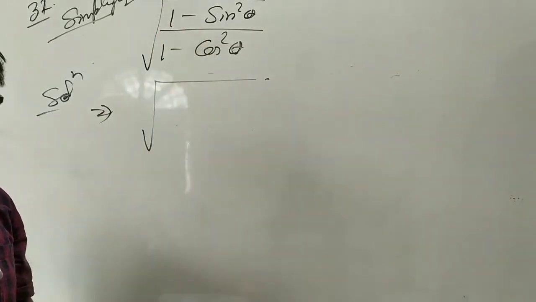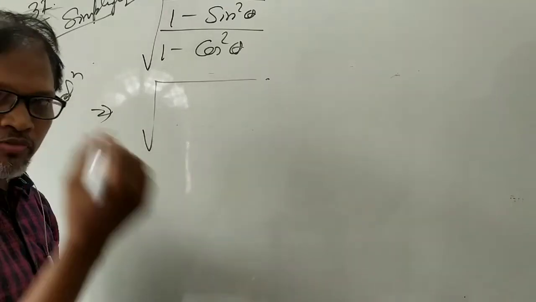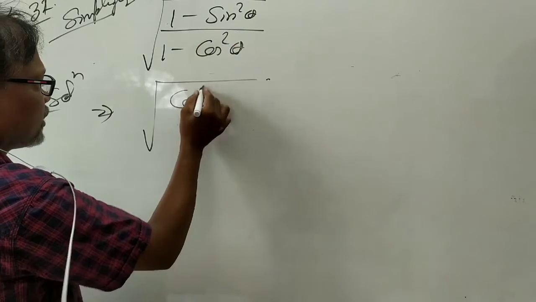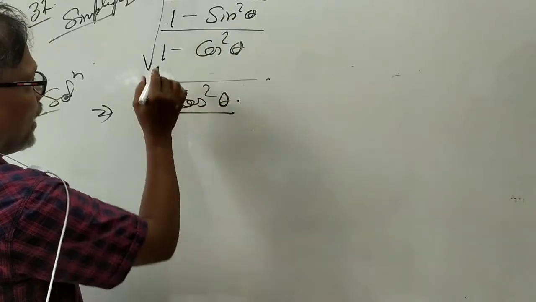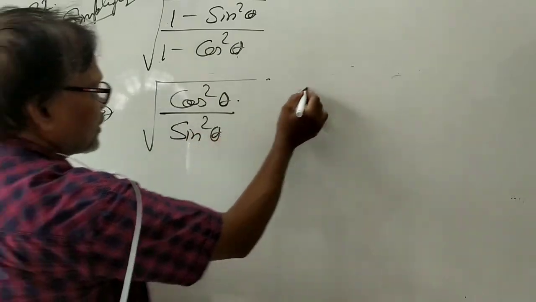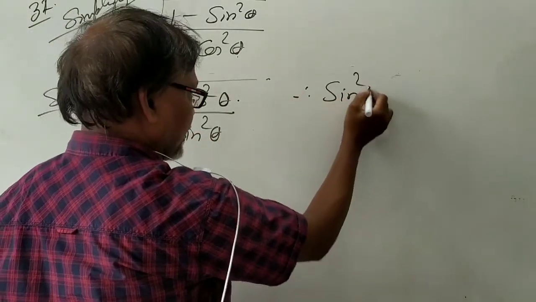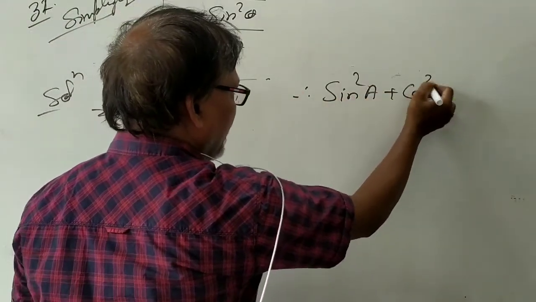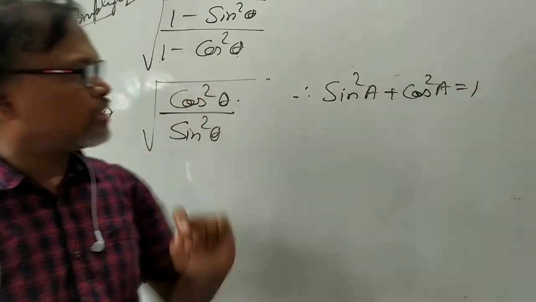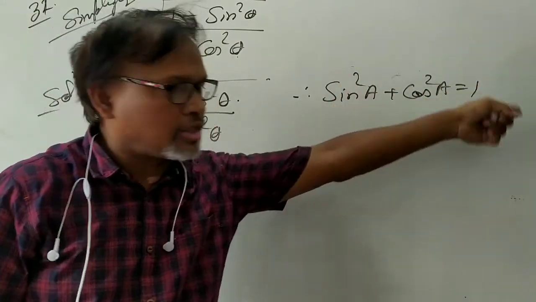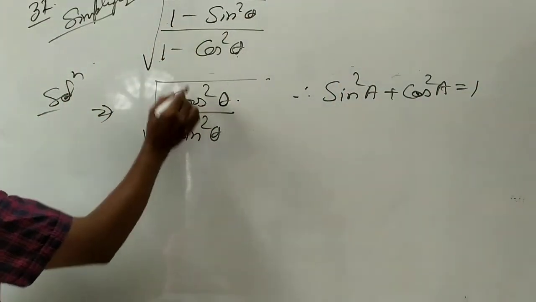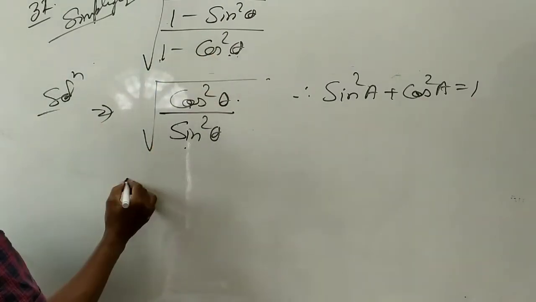Do you know any formula, what can we say about this? This is equal to cos square theta. And what will you say about this? This is equal to sin square theta. Which formula? Again the same identity. If you want to find sin square A, take cos square A to the other side; if you want cos square A, take sin square A to the other side. So you will get 1 minus sin square, that is cos square, and 1 minus cos square, that is sin square.